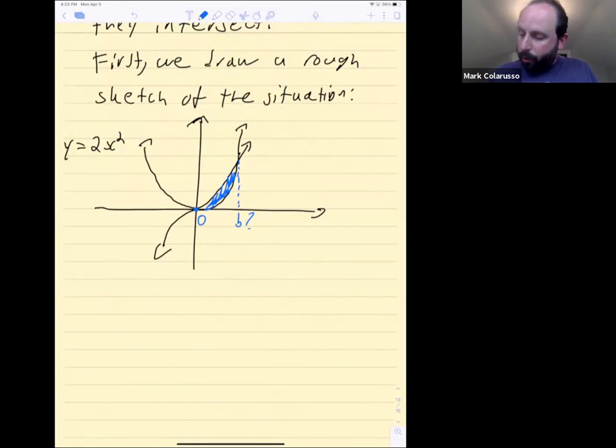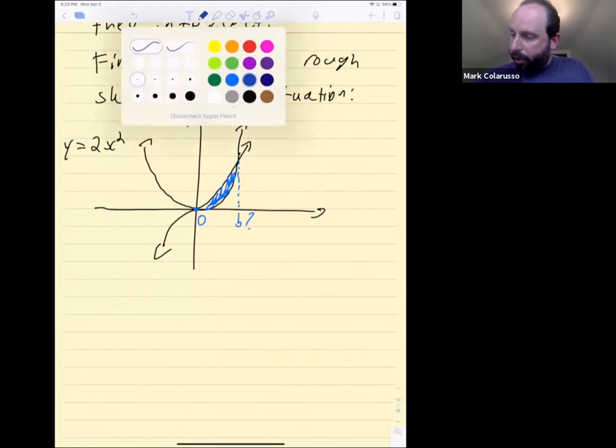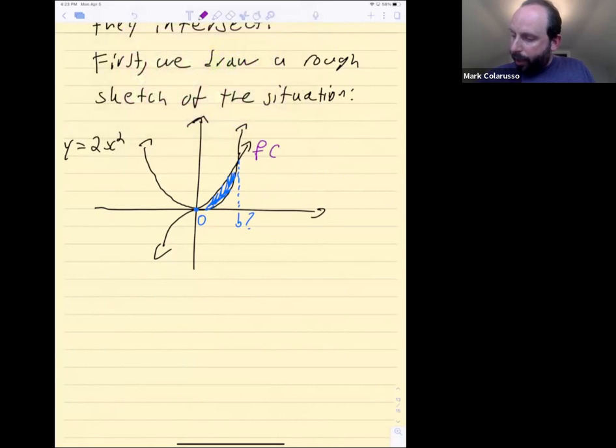And we can also see from this picture that the curve that's on top, the f(x), I'll use purple, the one on top is the parabola, and the curve that's on the bottom, the g(x), is the cubic curve here. So then g(x) is x cubed, the curve that's on the bottom.